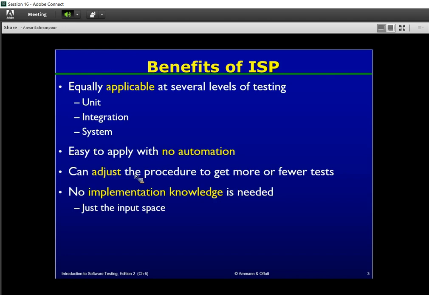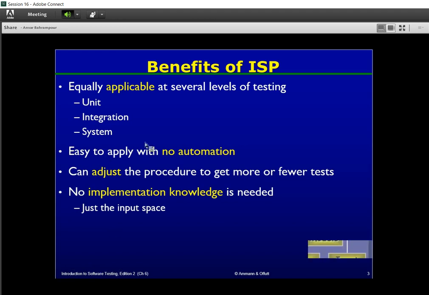Probably you know what input space partitioning, or ISP, is in this context. As I told, this technique could be used in unit testing, integration testing, and system testing equally.